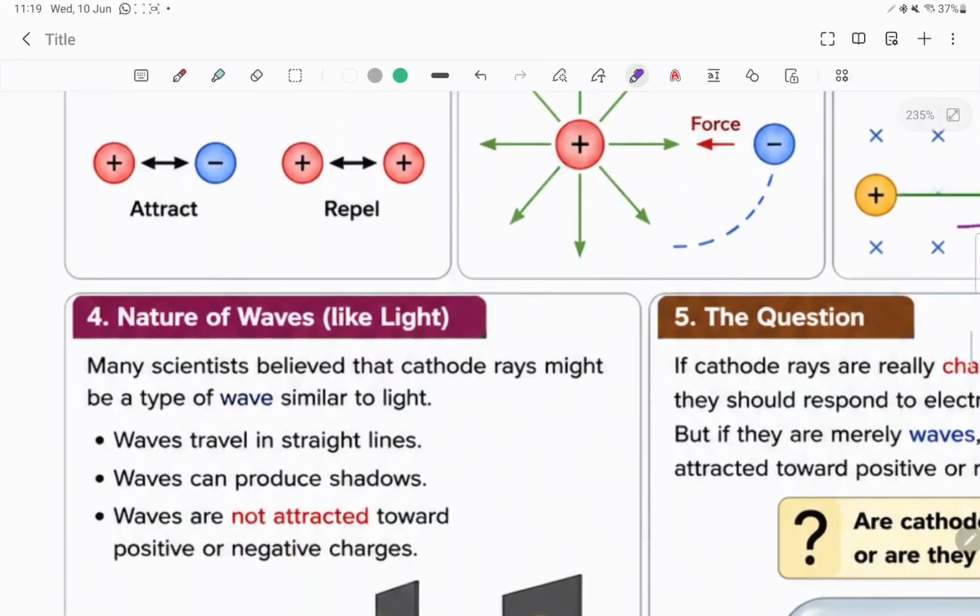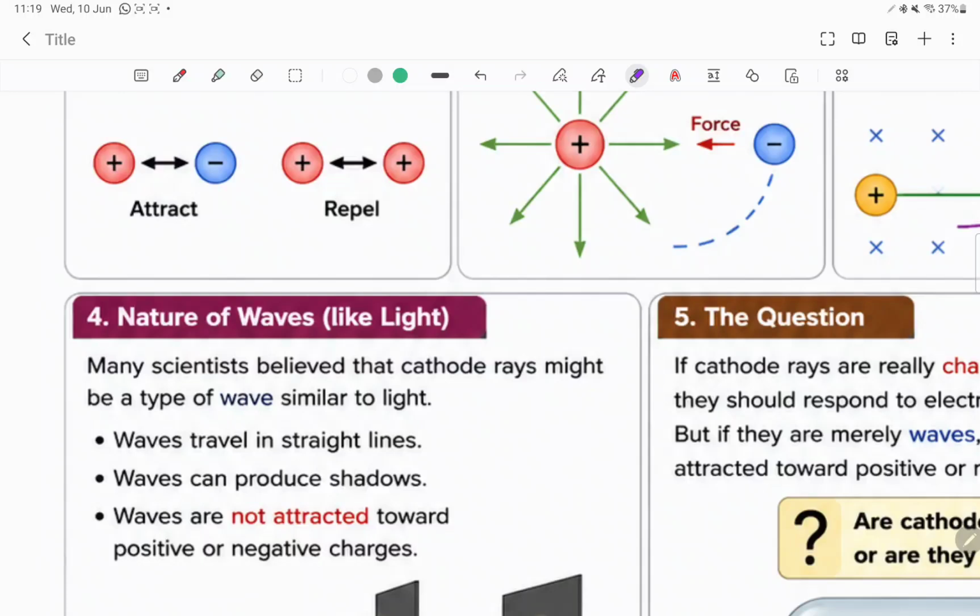Now, coming back: the scientific world was divided into two groups. One group believed that cathode rays are waves, another group believed that they are particles. If they are waves, how will they react with the fields?